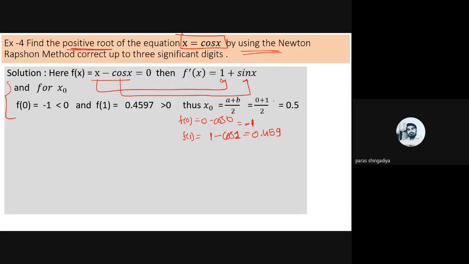Just check it again. First, consider your calculator in radian mode, then type 1 minus cos 1 and check the output. You will get 0.459697 as the answer of f of 1.